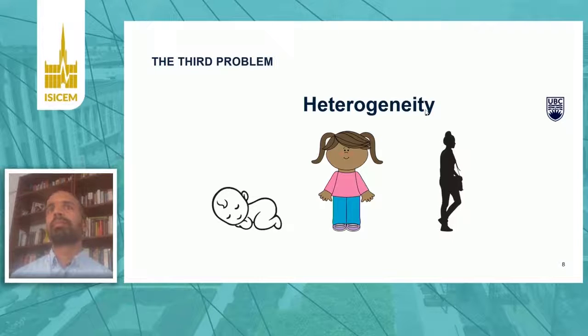The third problem is heterogeneity. And obviously this is a problem that much of the critical care world, both adult and pediatric, wrestles with as relates to interpreting and performing high quality clinical trials. In children, it's magnified by the differences between a 1-month-old and an 18-year-old and a 9-year-old, both from a disease presentation perspective and a response to therapy perspective.